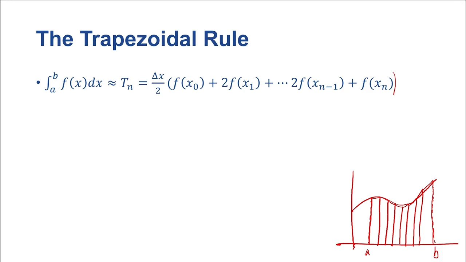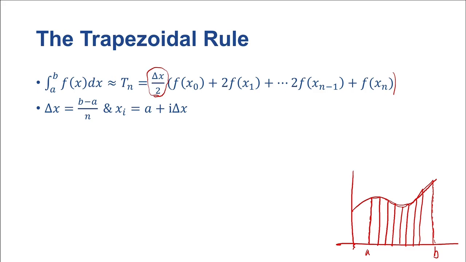So this kind of makes sense. We're doubling up on these terms here, and then we are dividing by 2, kind of like that 1/2 base times height thing that you learned in high school geometry. Now, as you remember from our sigma notation days, we defined delta x as b minus a over n, and x sub i as a plus i delta x.